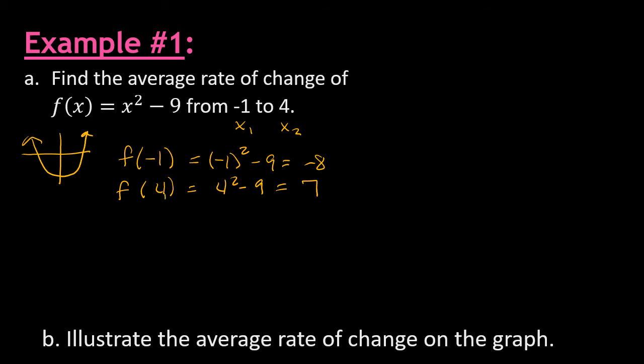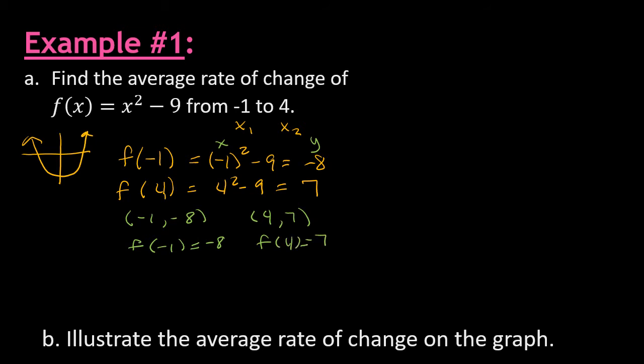So you can think of this a couple ways. We can think, well, this is my x value and this is my y value. Some of you will literally do better if you write these as ordered pairs. You could write f of -1 equals -8 and f of 4 equals 7.